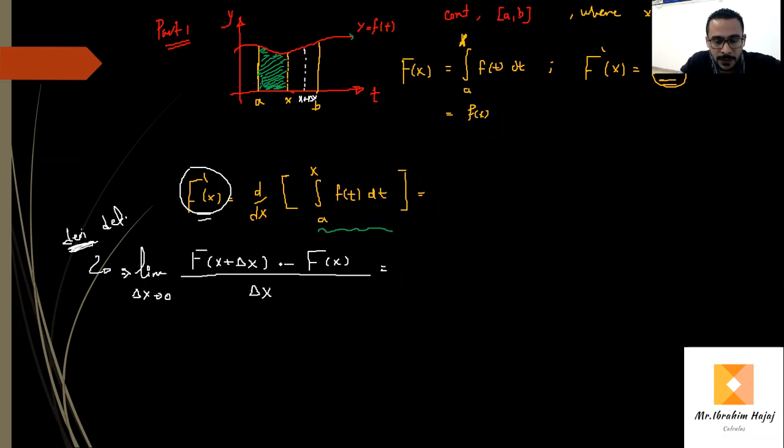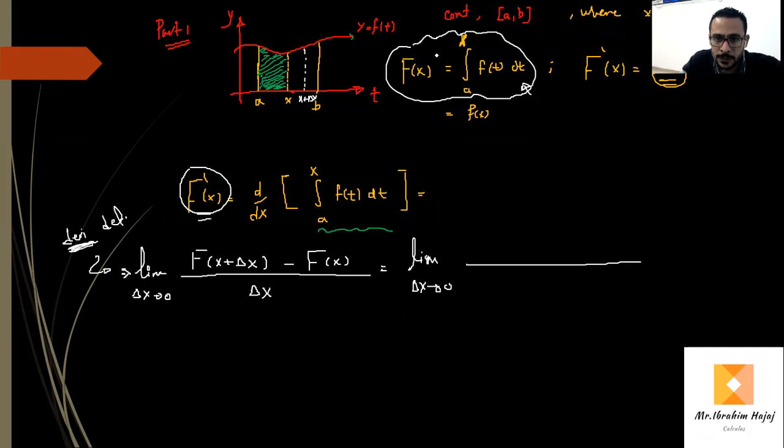What does f of x plus delta x mean? It means, guys, I will substitute in this function, in this integral, x instead of the upper limit: the integral from a to x plus delta x of f of t dt, minus the function itself, f of x, which is equal to the integral from a to x of f of t dt, over delta x.